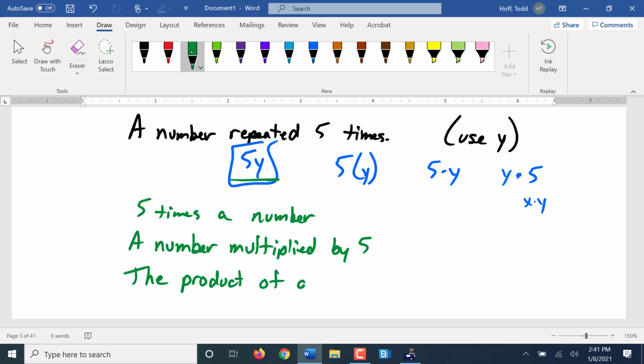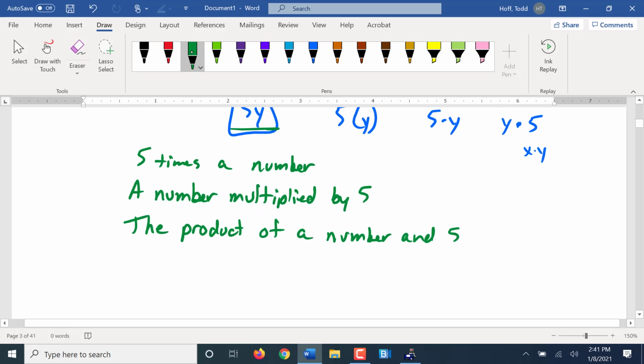The product of a number and 5. All those and many more that we could come up with if we sat here and thought long enough would describe 5y, or 5 times a number.